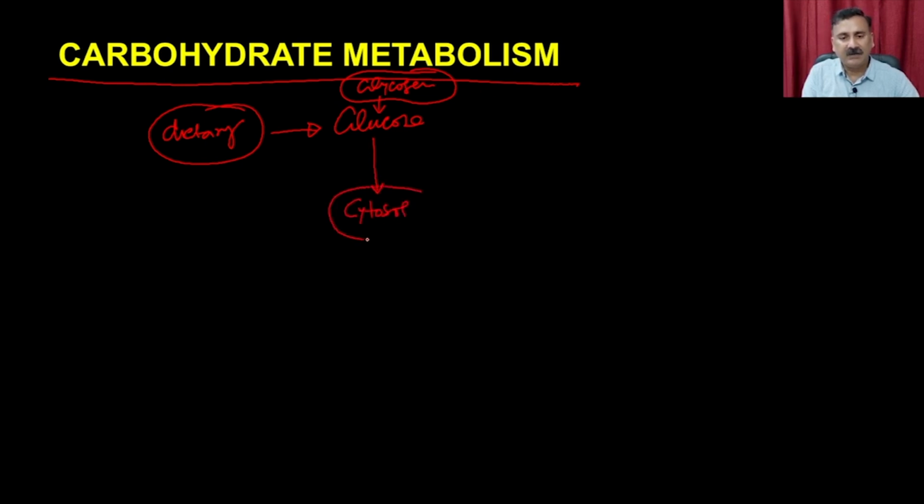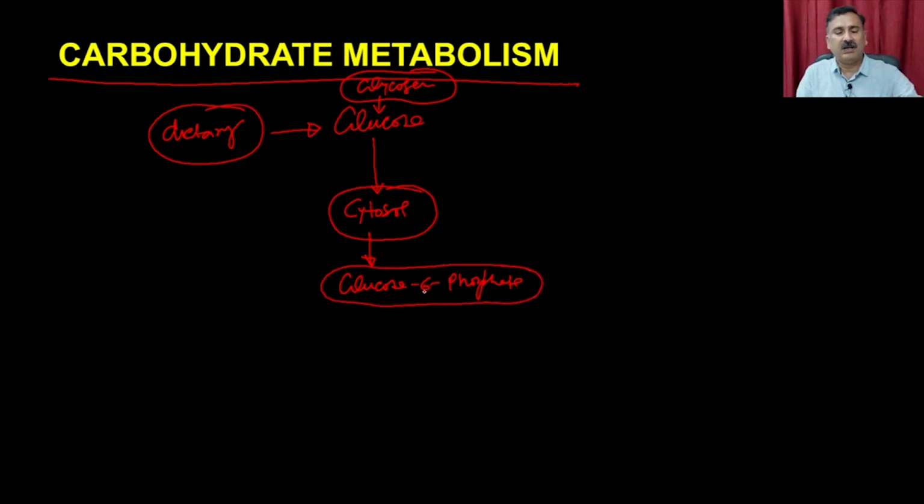And as soon as it enters into the cytosol, the glucose is going to be converted into the molecule which is called glucose 6 phosphate. Now, glucose 6 phosphate is a molecule which is committed to getting into the catabolic reactions.